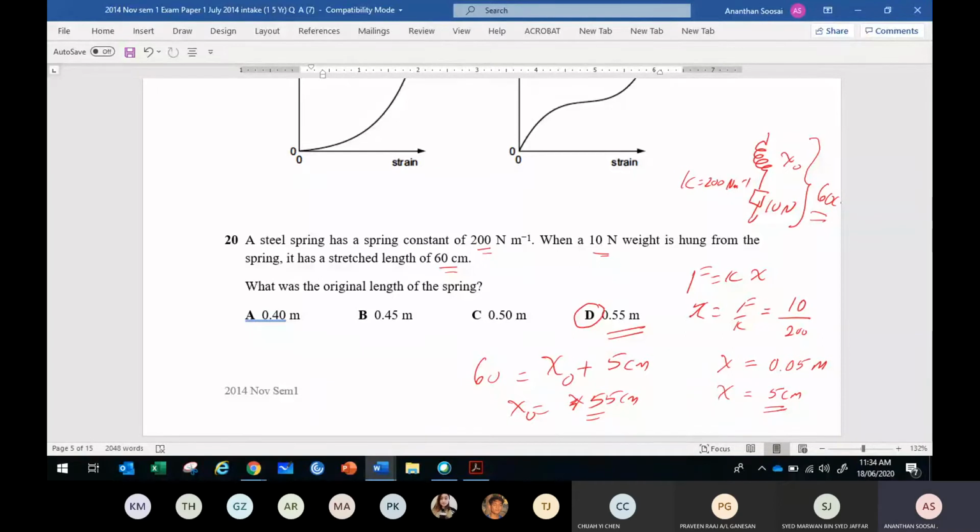Answer is D, yeah. So can I understand this is the working line? The 60 centimeter is the total length, so you find the extension, and the original length plus the extension is the total length of 60 centimeters. So you can find the original length. Okay, any other question?